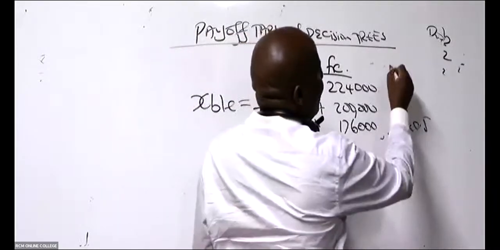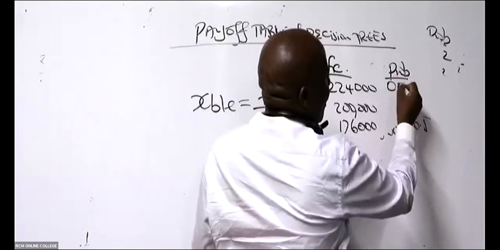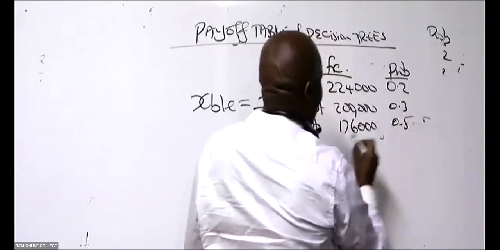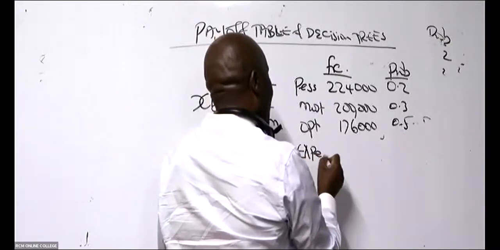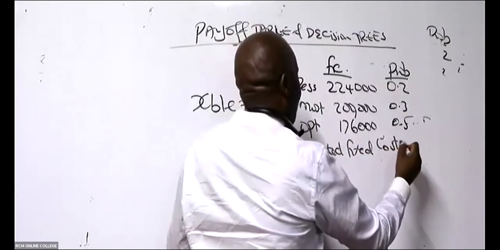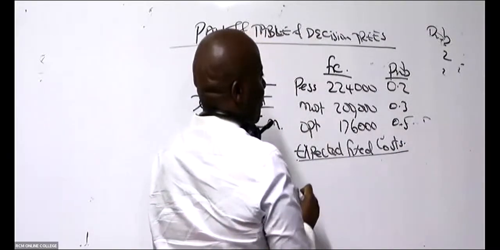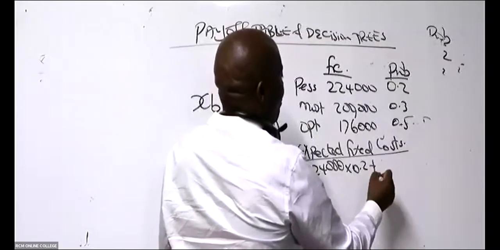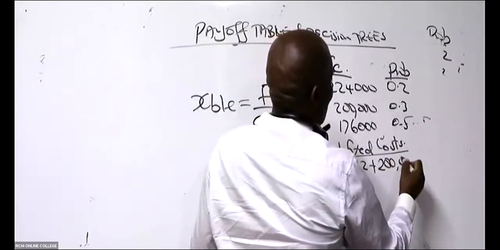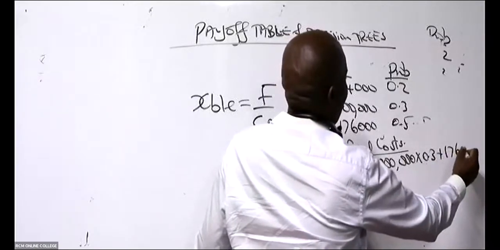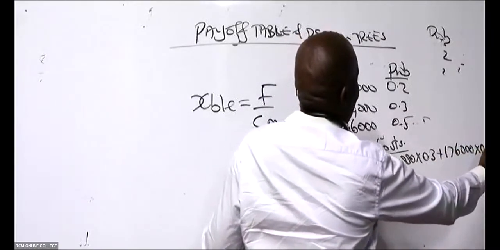But fortunately, we know the probabilities: 0.2, 0.3, and then what here? So I can easily get what we call expected fixed costs. So this will be 224,000 times 0.2 plus 200,000 plus 176 times 0.5.